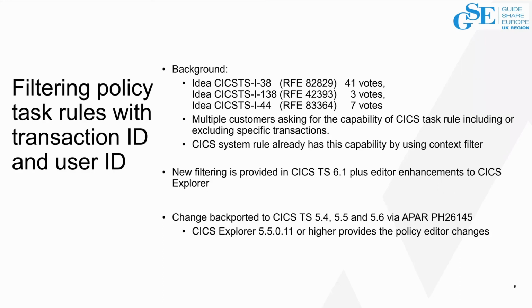They've changed the numbering scheme slightly on Explorer, they've dropped the 0, but we're up to 5.5.27 as the latest and greatest, and it's always downward compatible. So as long as you have 11 or higher, then you will have the necessary changes in the policy editor to use this capability.